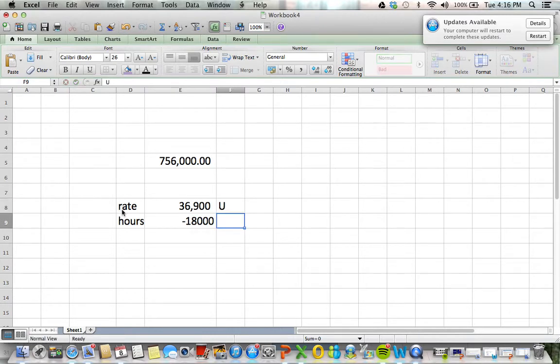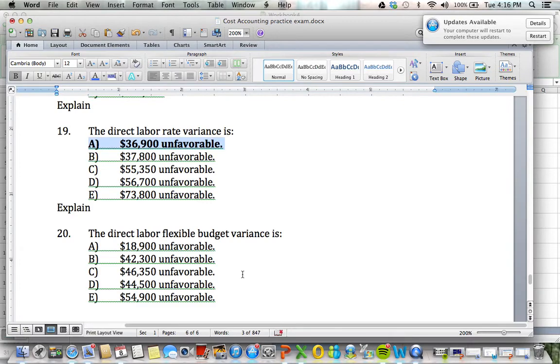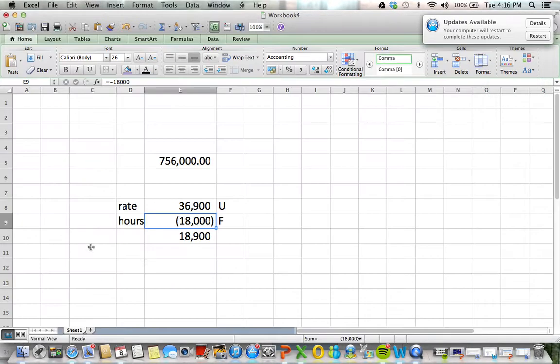This one is unfavorable. This one is favorable. So altogether we're going to have this amount, 18,900. So 18,900 is unfavorable because we had more unfavorable than favorable. So this altogether is unfavorable also.